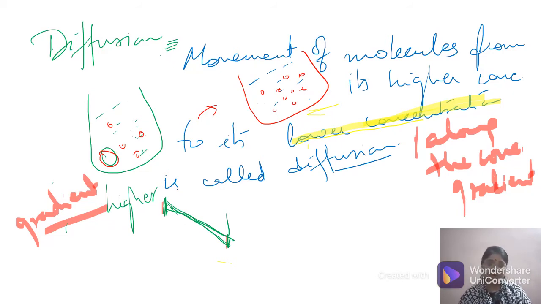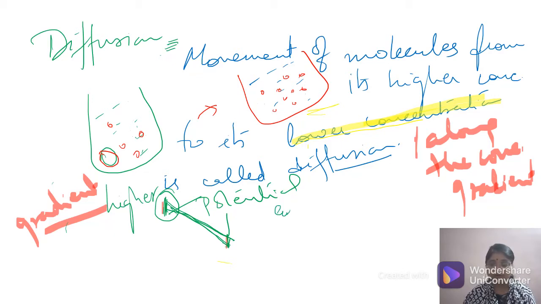Why is it so? Because due to their position, this is the potential energy they have. So using that energy, they are moving from one place to another. Therefore this is called diffusion, simple diffusion.